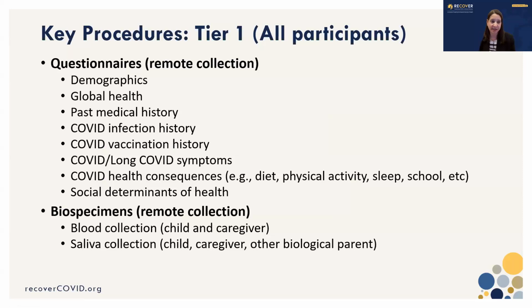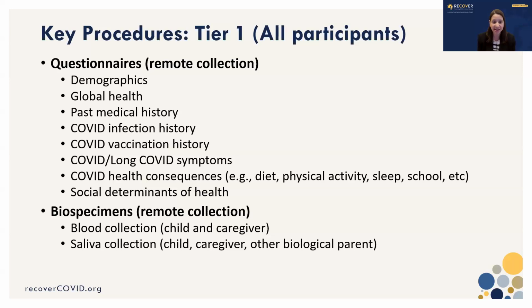So all of our participants do our baseline Tier 1, which are remotely delivered surveys that include a wide array of information such as demographics, a child's global health, their past medical history, a lot of information about the COVID infection status, their vaccination status, comprehensive surveys about prolonged symptoms related to COVID and long COVID, as well as assessment of child health more globally.